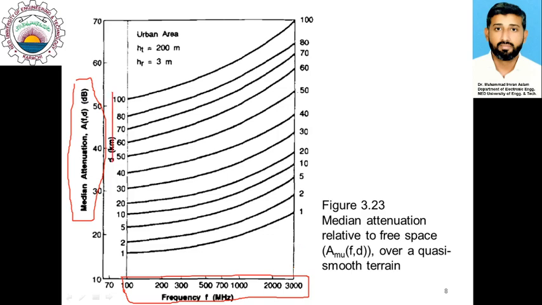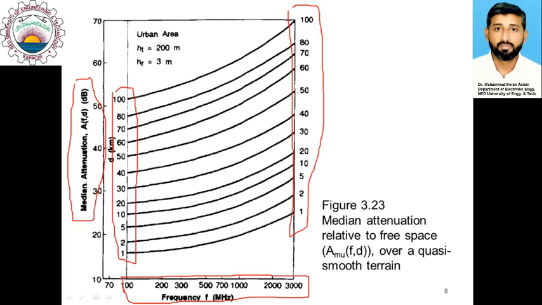This intermediate axis is representing distances, from 1 kilometer up to 100 kilometers. These distances are all in kilometers, and you have different curves here.